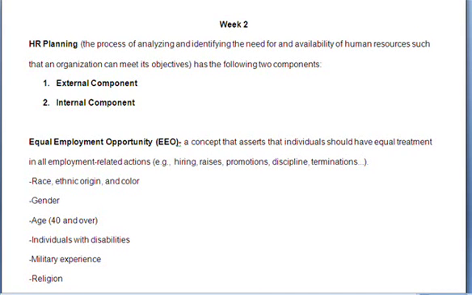Now, obviously, as an organization, in many cases, you're already going to have those employees. In fact, you may find that you have more employees than you need. We will talk about that in a later chapter. You may indeed have to downsize. That is certainly a last resort. And if you do have to downsize, there are some humane ways of going about that, namely through things such as attrition.